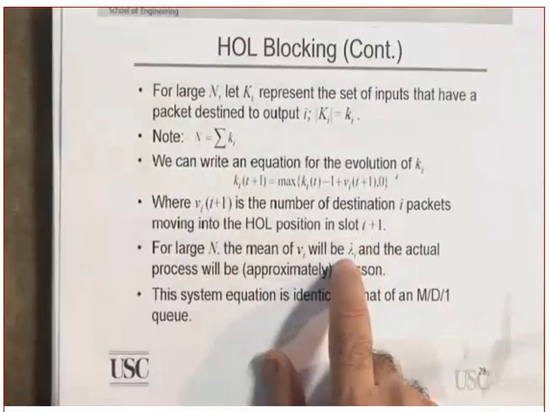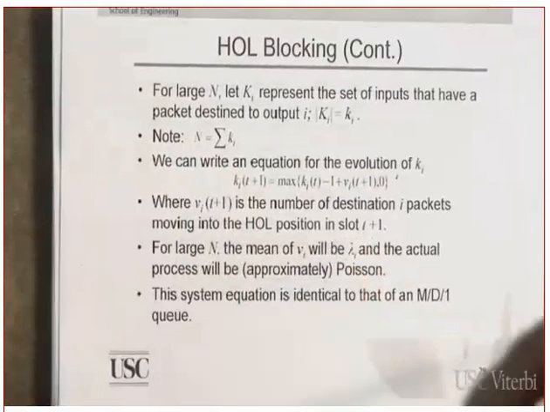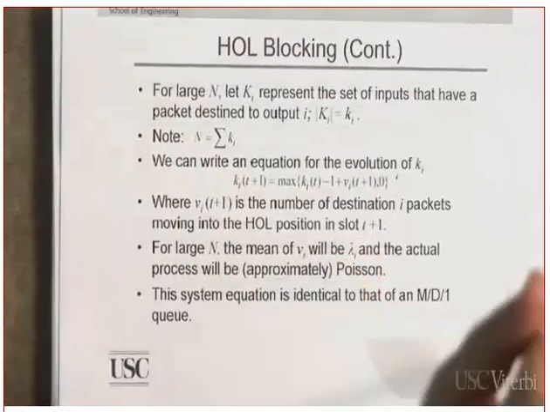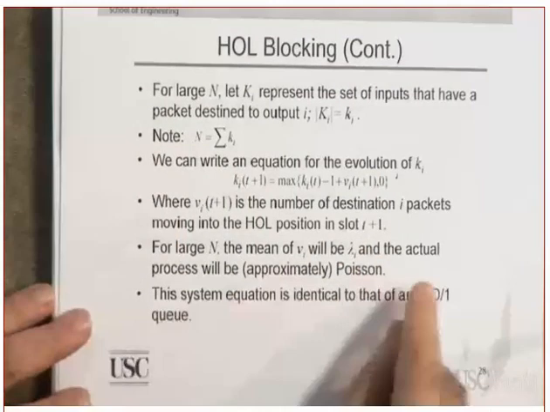If I tell you N choose K, P to the K, 1 minus P to the N minus K, what is the average? NP. Here it is capital N, and this is P over N. So E of X is equal to N times P over N, which is P.